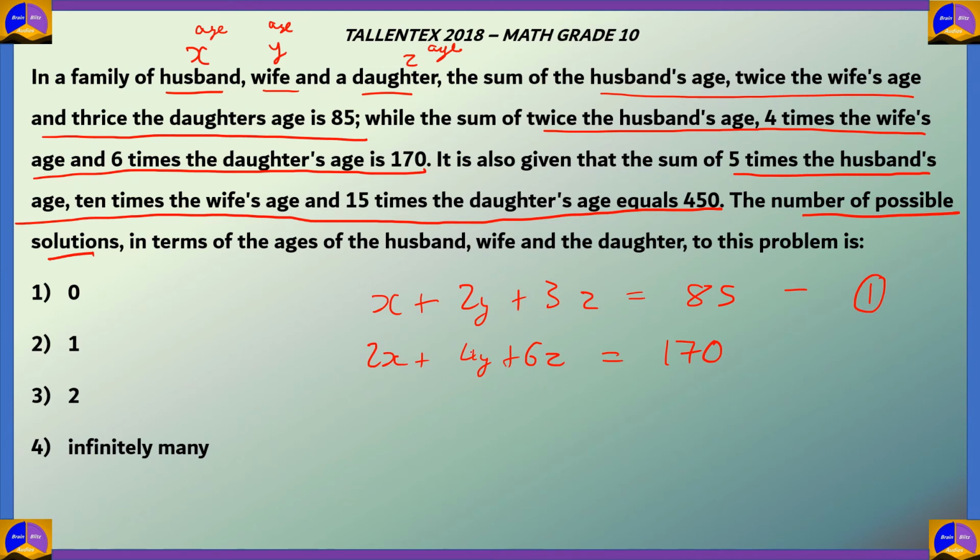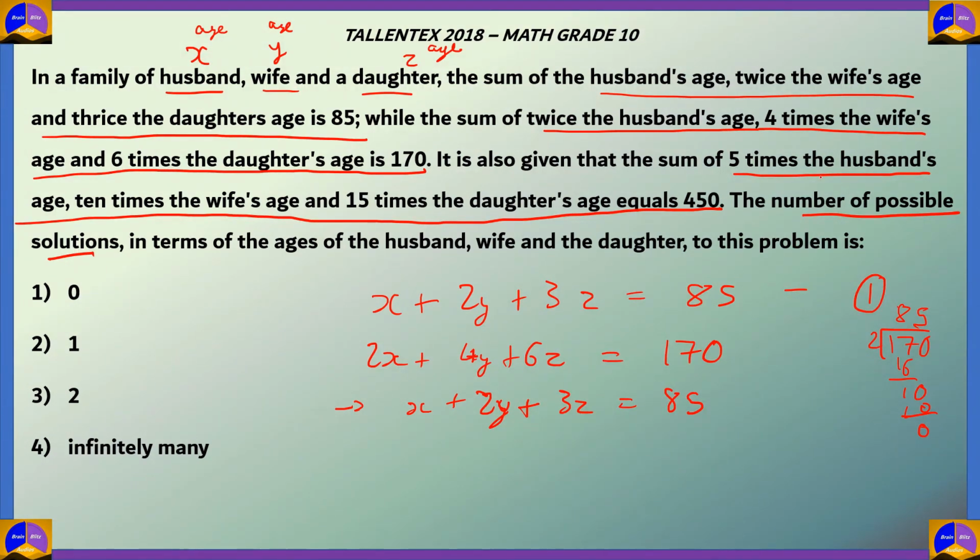Now notice that there is a common factor of 2 across all the terms, so we can divide the whole equation by 2, so that means x plus 2y plus 3z, and when you divide 170 by 2, you get 85. So 2x plus 4y plus 6z equals 170 is just 2 times equation 1. So now we already have equation 1 repeated twice.